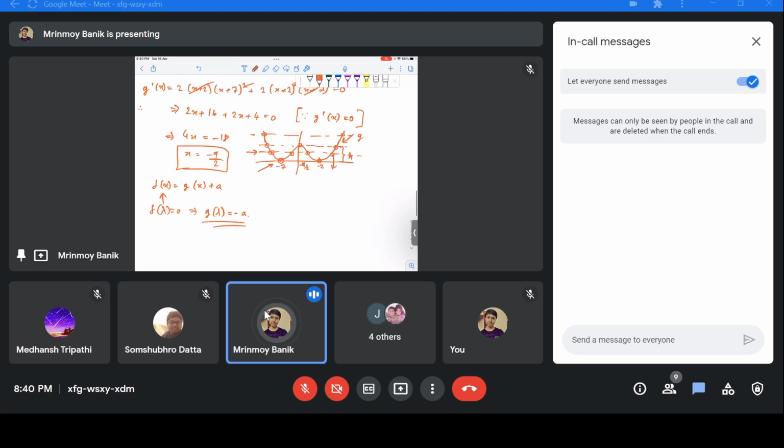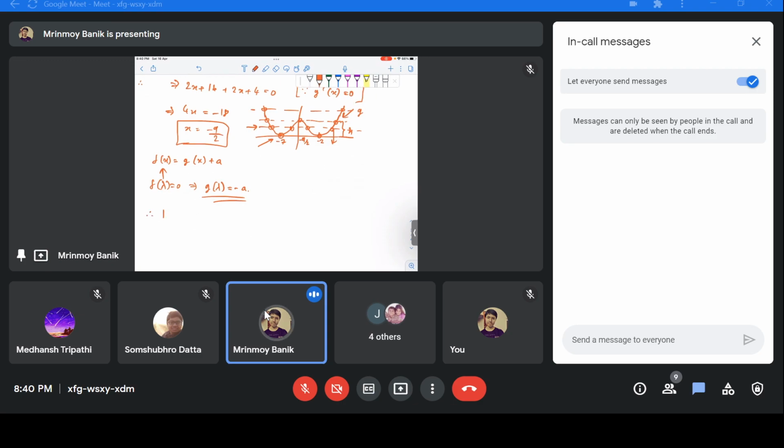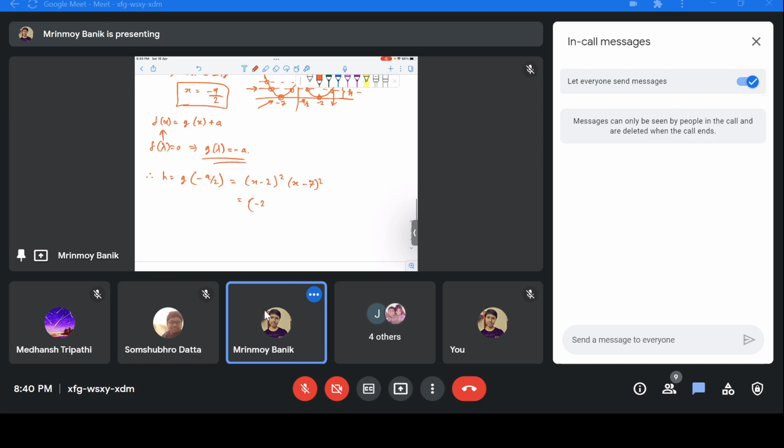So let's calculate h. So h is g of minus 9 by 2. It's anyway squared.